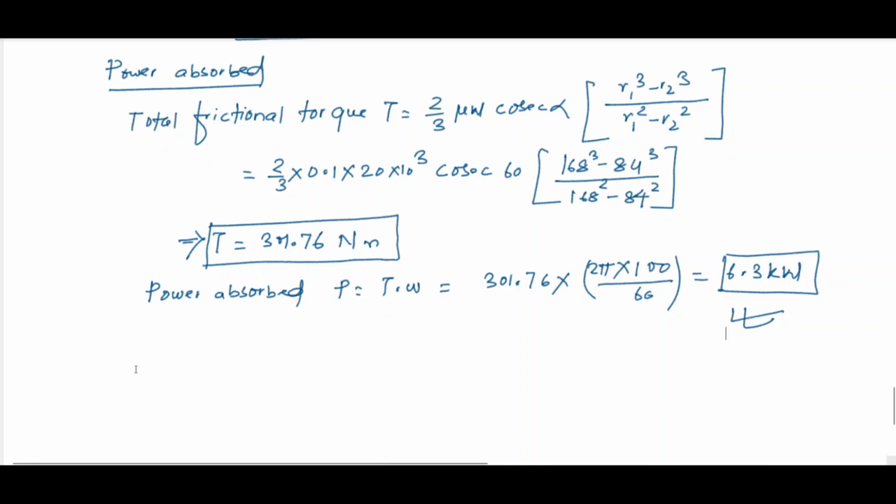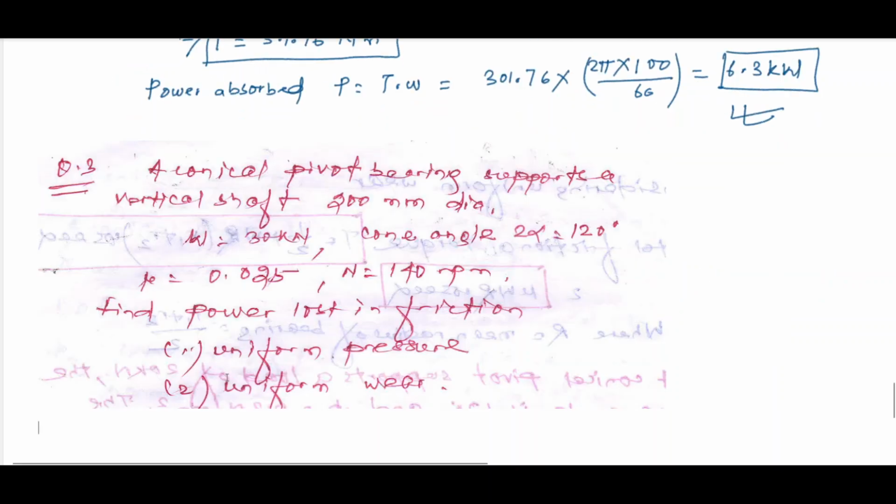Suppose a conical pivot bearing supports a vertical shaft of 200 mm diameter, weight acting on the shaft 300 kilonewton, 2 alpha is given 120 degree, coefficient of friction is 0.025, speed of the shaft is 140 rpm. Find the power lost in friction using uniform pressure criteria and uniform wear criteria.